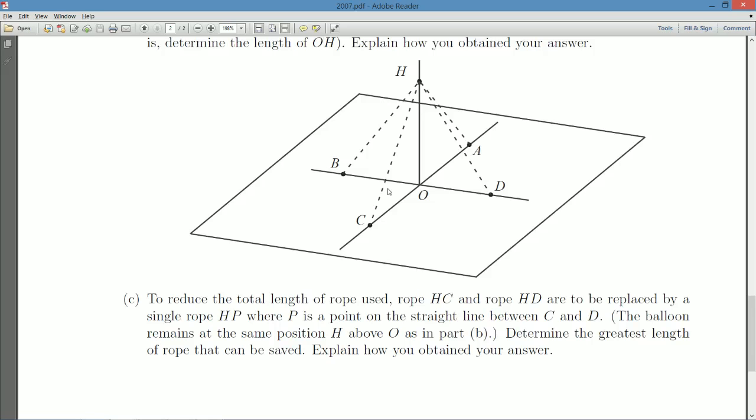Okay, so beforehand we were using ropes CH and DH, and that was 150 meters and 130 meters, using up a total of 280 meters. So to maximize the amount of rope saved, we need to minimize the length of HP.